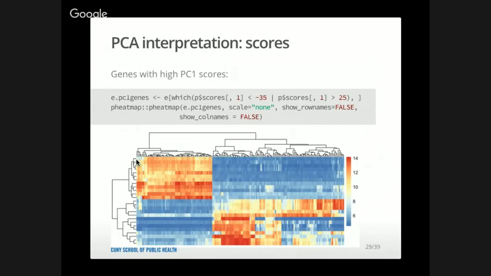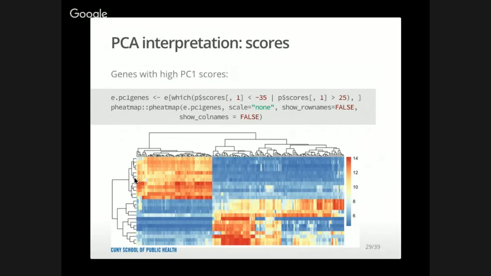So does this much make sense to everyone? What do the rows represent? What do the columns represent? The rows are the genes that we selected. Yeah, that's right. The rows are the genes.